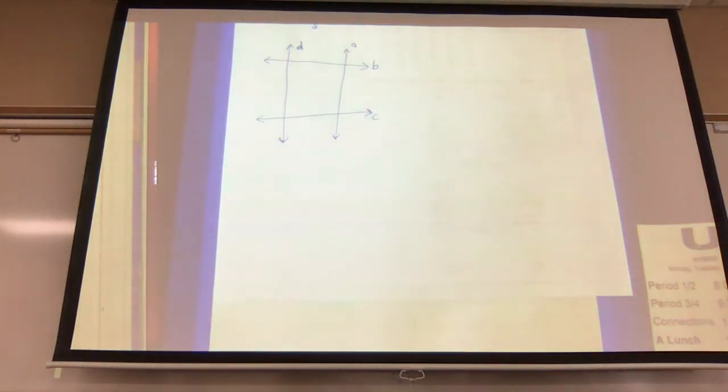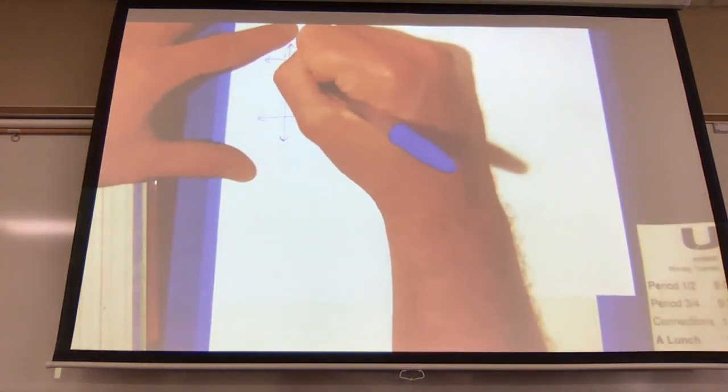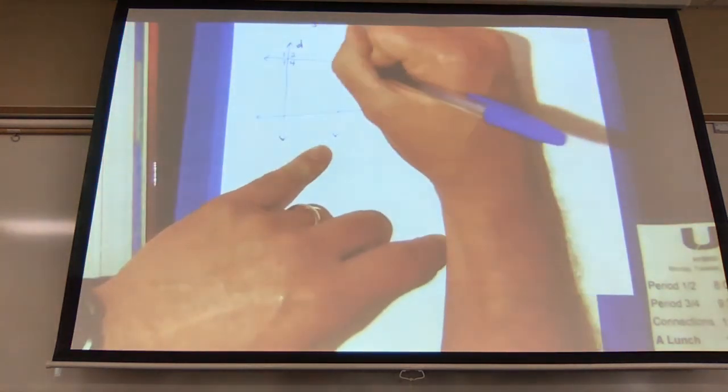And now that we have 4 lines intersecting, it's going to give us many more angles. We're going to end up getting 4 at each one of these intersection points here.